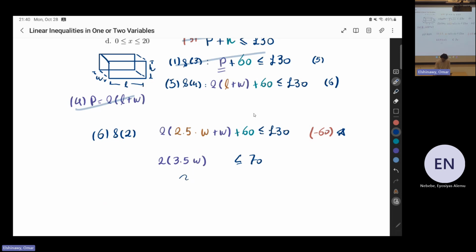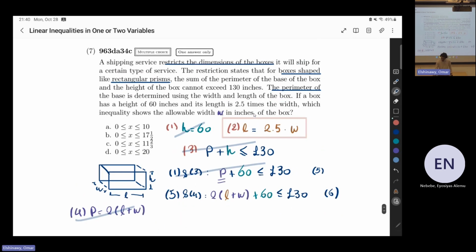Now 2 times 3.5 is 7. We have W, and on the other hand we have 70. Then if we divide by 7, you get that W is less than 10. And of course it is greater than 0, because if you're measuring the width of something, it cannot be a negative number. And so from there you obtain the solution to the problem.